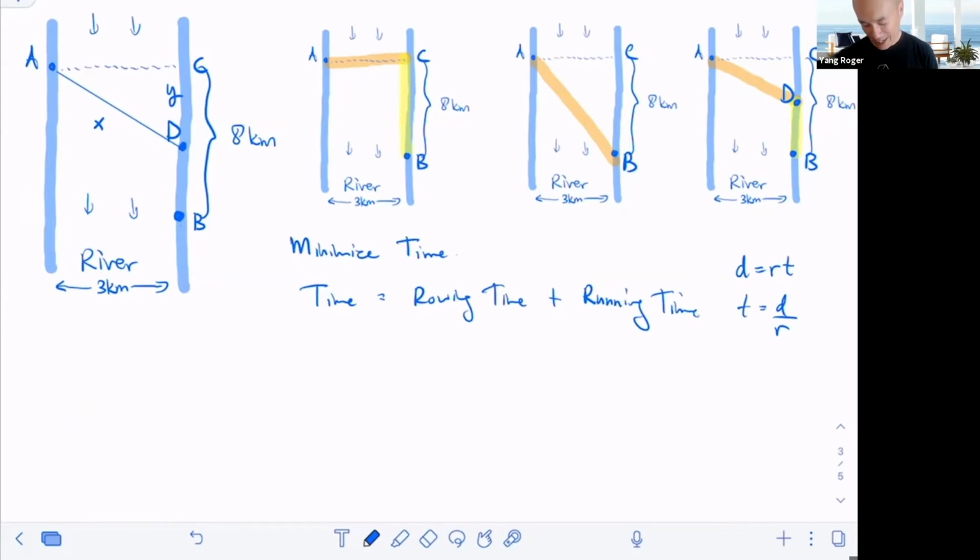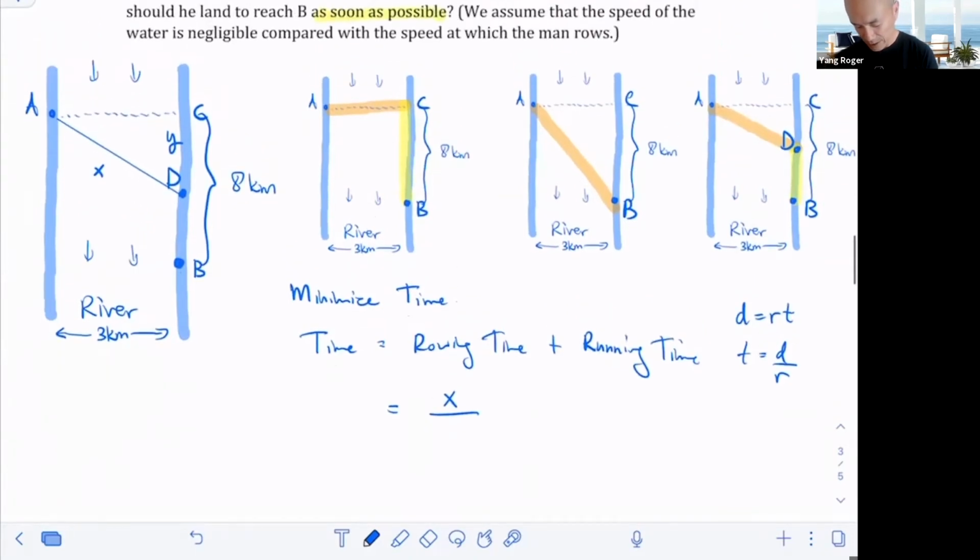I got ahead of myself, because when I realized that I want to minimize time, I want to use time equals distance divided by the rate. So in our case, what's the rowing time going to be? Well, the rowing time is going to be the distance the person rows, which is x, divided by the rowing speed, which is 6.